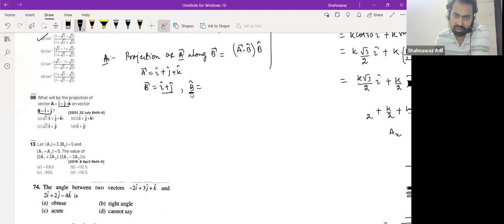This is a unit vector, right? And the first thing I talked about is to calculate the unit vector from the vector. So how do we calculate the unit vector from the vector?